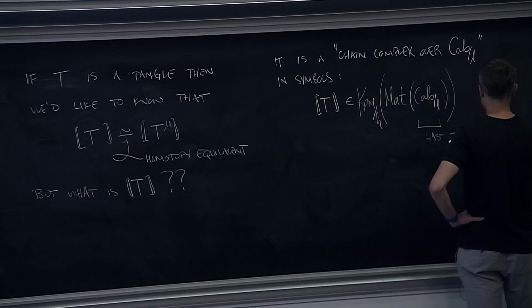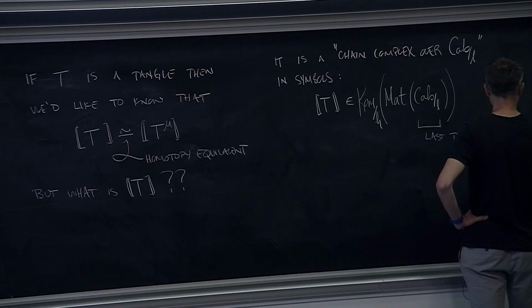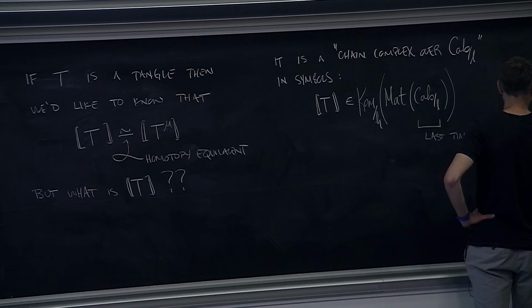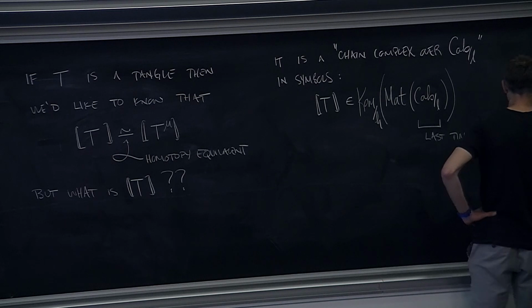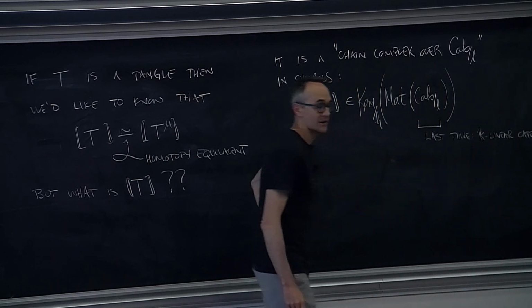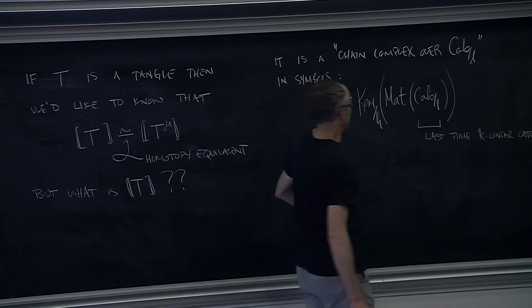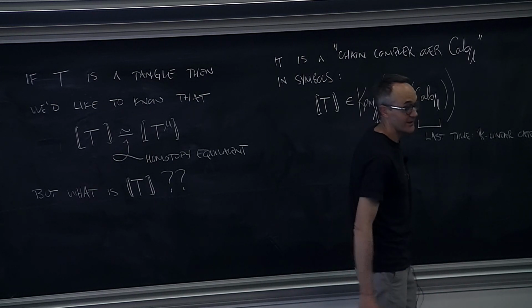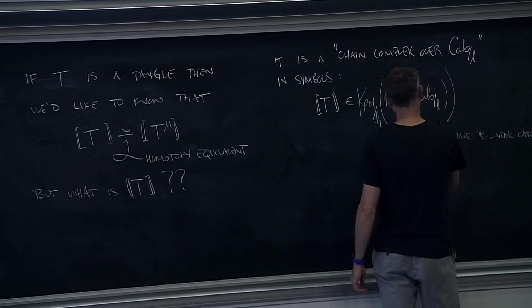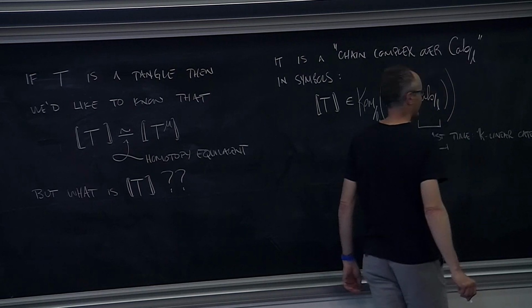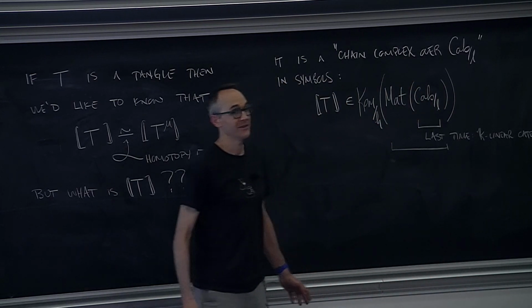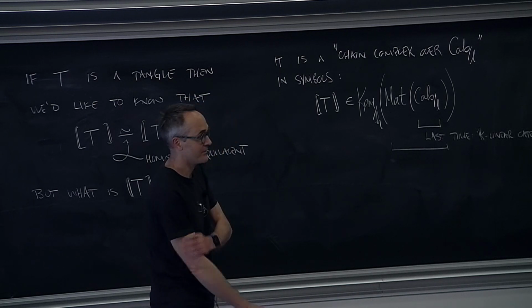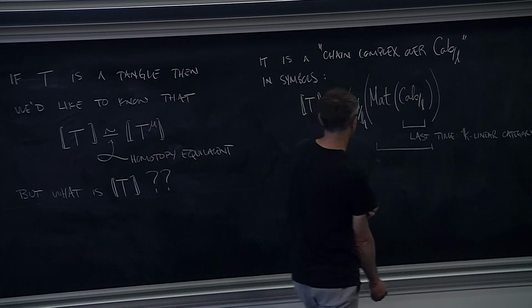So last time, this is a k-linear category, also known as a pre-additive category. The matrix closure is sometimes called the additive closure of a category. Category theory, as far as I can tell, has at least two names for every single thing.